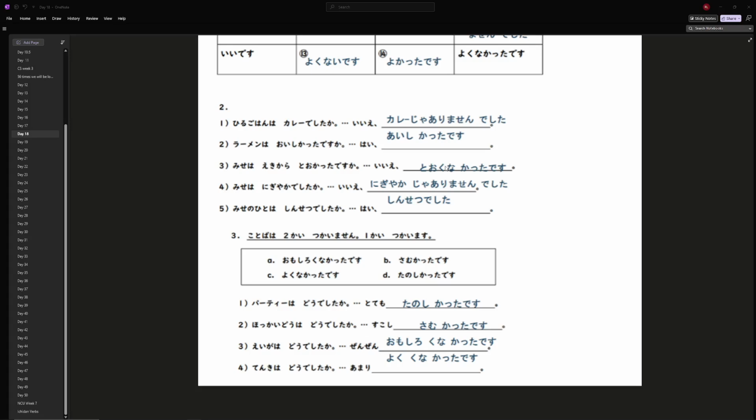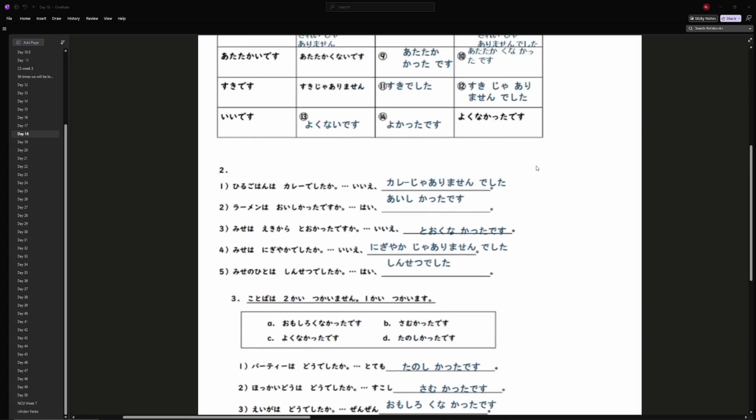What am I saying here? It's like, is this from the station? Is the store far from the station? Oh, okay. And too is the far word. Yeah, toi. Okay. The far word. Mise wa nigiyaka deshita ka? Was it busy? The store. Ie, nigiyaka ja arimasen deshita. No, it was not busy.